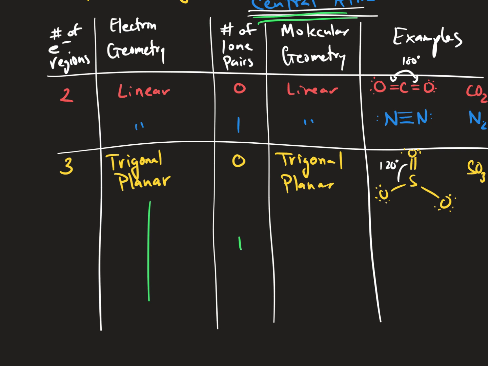Okay, so if we have 1 lone pair of electrons, then this is going to be like SO2, which looks like this.